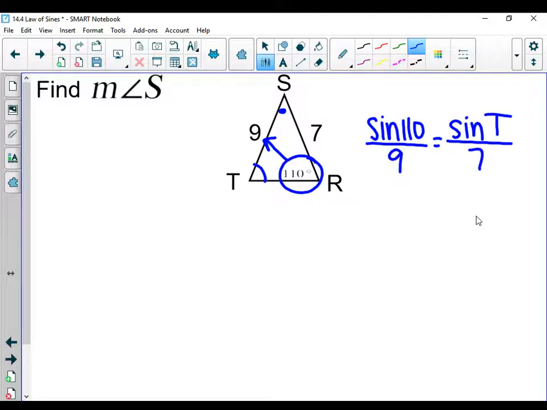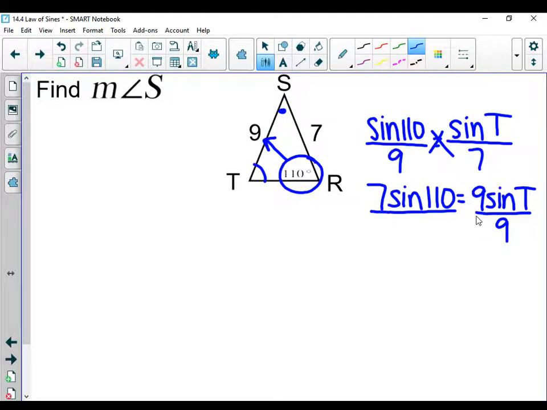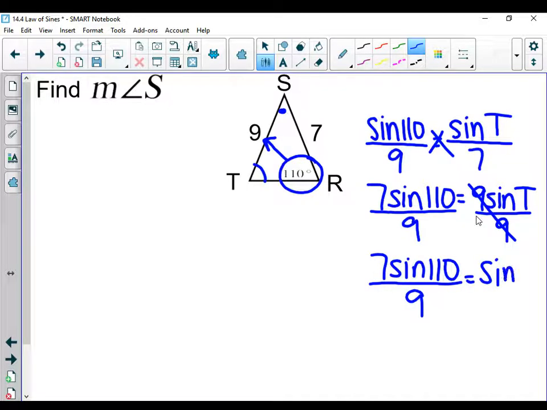okay. So with this particular problem, it's a little bit different because now we're solving for an angle measure. So I'm still going to divide by 9. But now I'm left with finding the angle of T, okay? So with that being said, in your calculator, you have that little inverse button, okay?